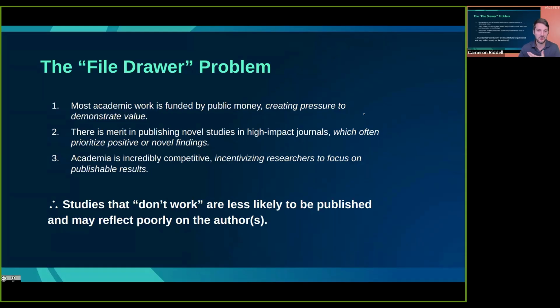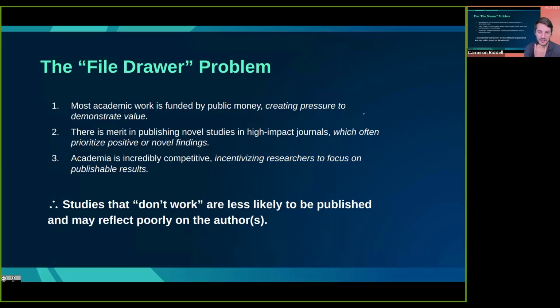And so studies that don't work are less likely to be published. And this may even reflect poorly on the authors. So if you say, I thought hypothesis A was going to be true, but at the end of the day, we found out that hypothesis A is not true, and you publish that, other people are going to read that and think, oh, you come up with ideas that don't work.